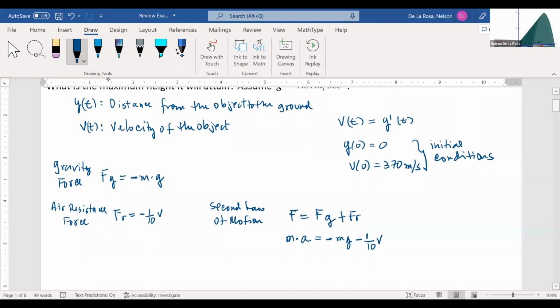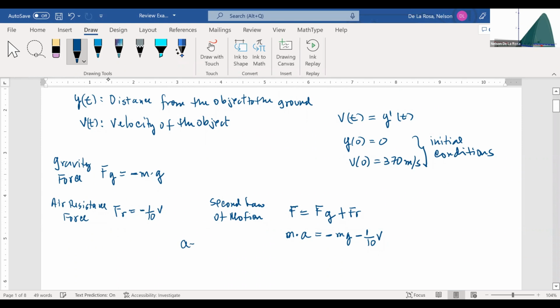But recall that a is the second derivative of the distance and the first derivative of velocity. So we can write a as dv dt. So we have m times dv dt equals -m times g minus 1/10 v.